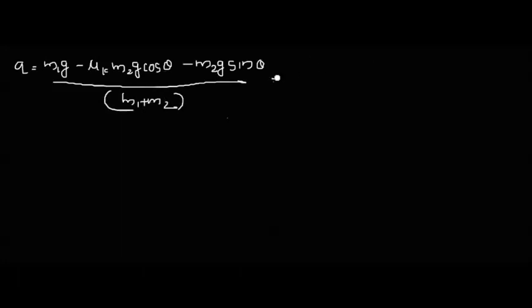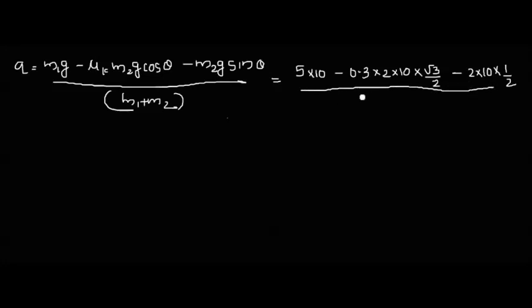Which is equal to m1 is 5 kg and g is 10, minus mu k is 0.3 and m2 is 2 kg into g is 10 into cos 30, which is root 3 by 2, minus m2 is 2 into 10 into sin 30, which is half, whole divided by m1 plus m2, that is 5 plus 2, 7.